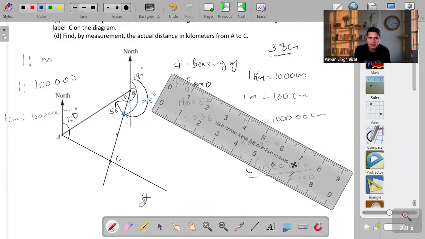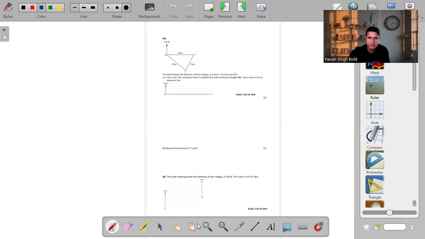So for part D, AC is 2.5 times 1, right? Because 1 centimeter represents 1 kilometer. So 2.5 centimeters represents 2.5 kilometers. Understand? I hope this is clear. Next.